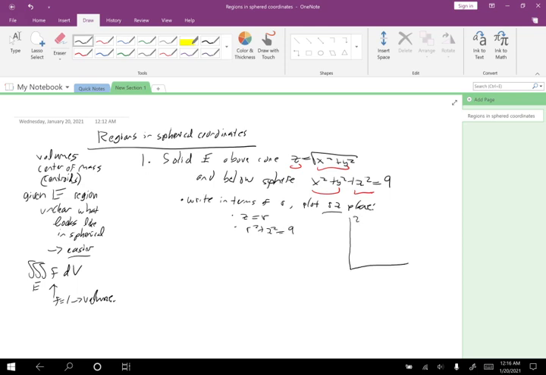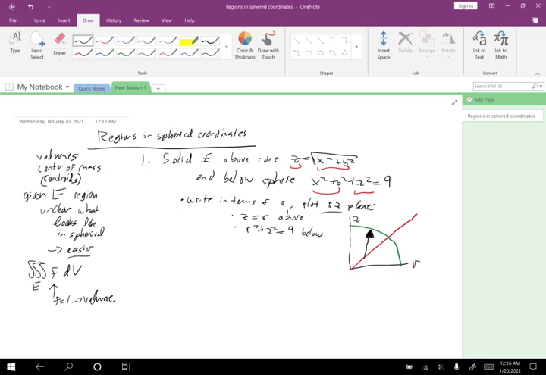So if I plot it, z is a function of r, the first curve is just this line, and the second curve is just this circle. And it's above z equals r and below the sphere, so I'm just going to draw an arrow to indicate where the region is.